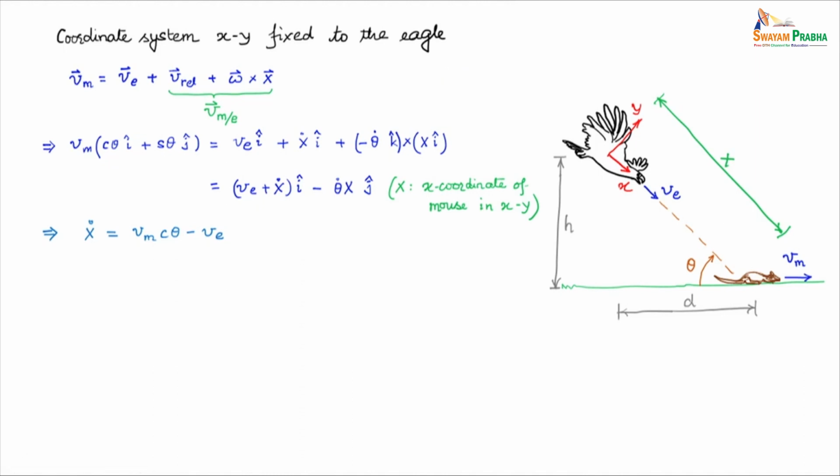Now, comparing the two sides, from the i cap equation, V e, the velocity of the eagle, plus capital X dot must be V m cosine theta. Therefore, X dot is V m cosine theta minus V e.